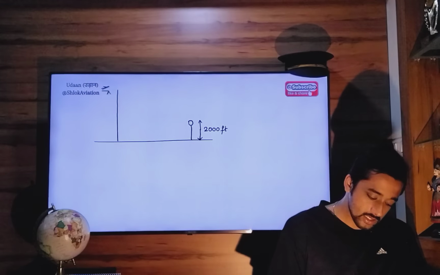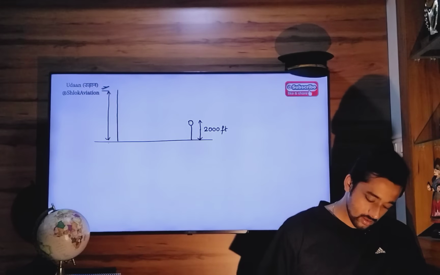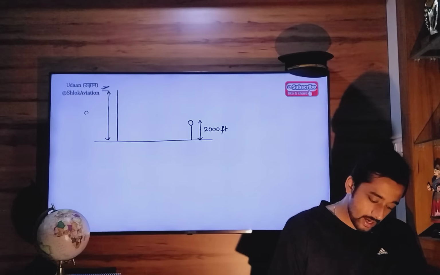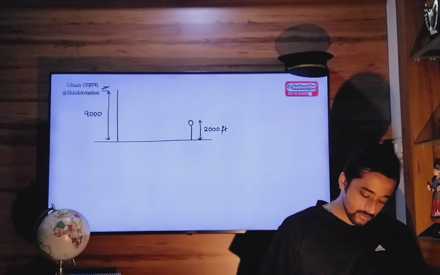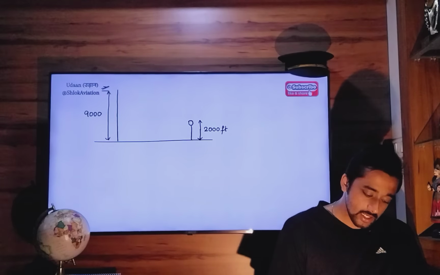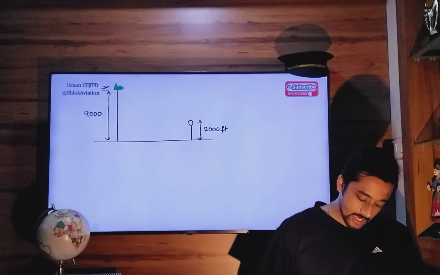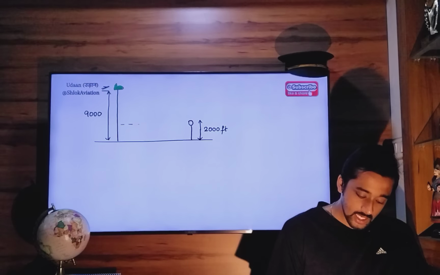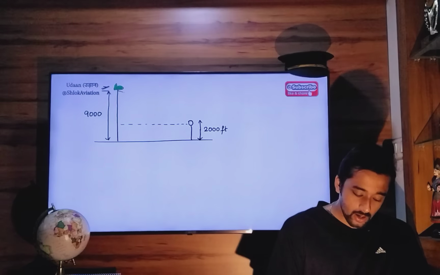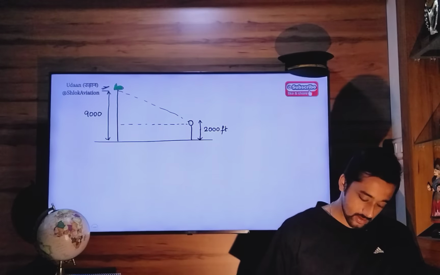Aircraft is 9,000 feet high. That means it is 7,000 feet above the DME station.